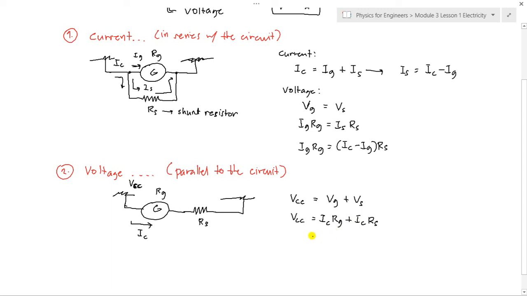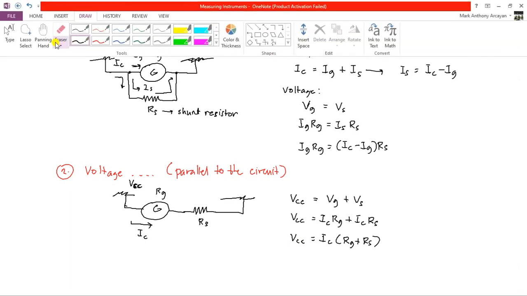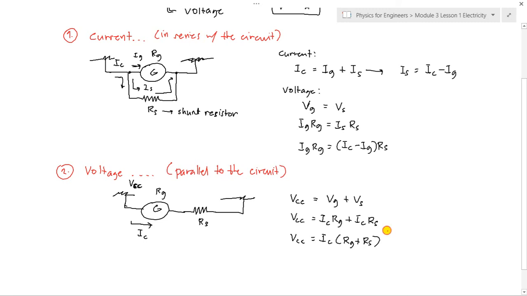Then factor out IC, so we have IC times (RG plus RS). These are the governing equations to solve, maybe for the internal resistance of the galvanometer or the resistance needed for the shunt resistor. So the orientation of the shunt placement is different.